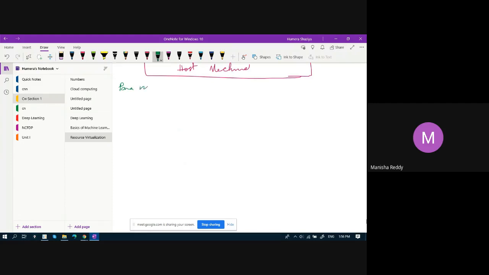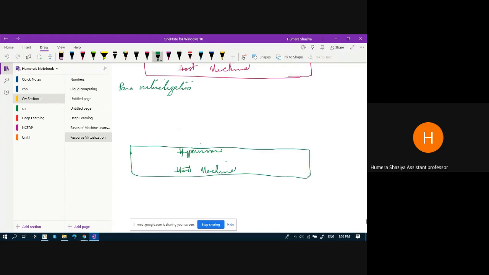Para virtualization. In this, you have the host machine, meaning physical resources, and you have the hypervisor, and then you also have multiple virtual machines.